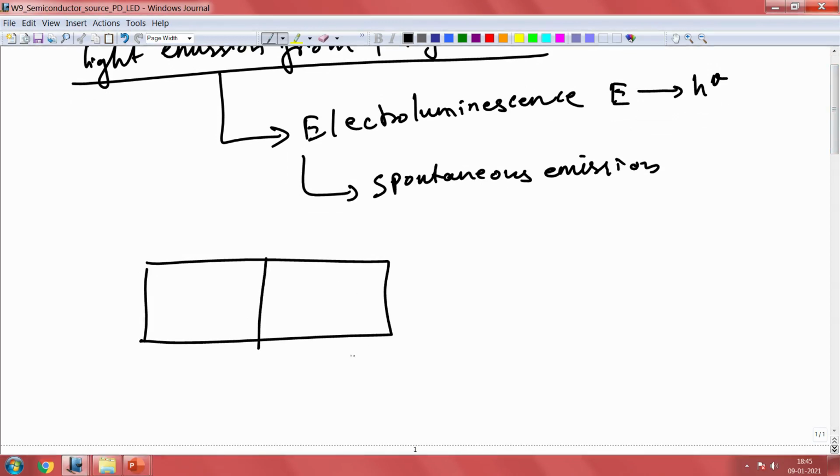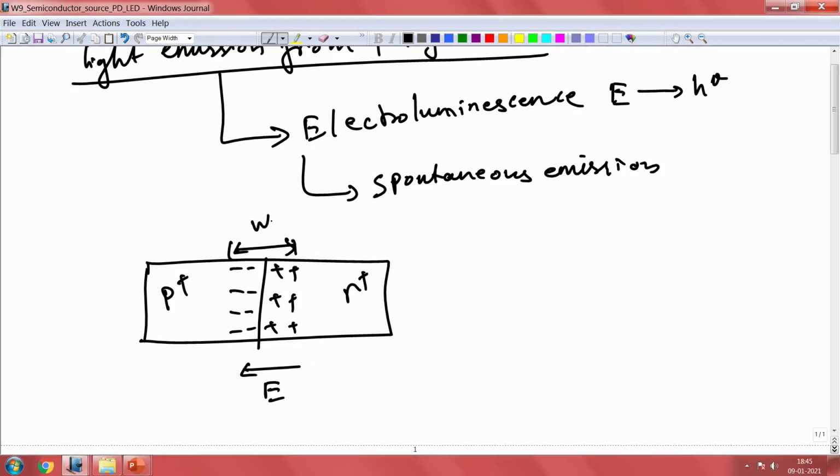We do not have to go into the detail, because this is a very basic concept that you must have studied in the devices course and introduction to photonics as well. So when you have a simple junction, you create an electric field in this direction, and it has a certain width associated with it.